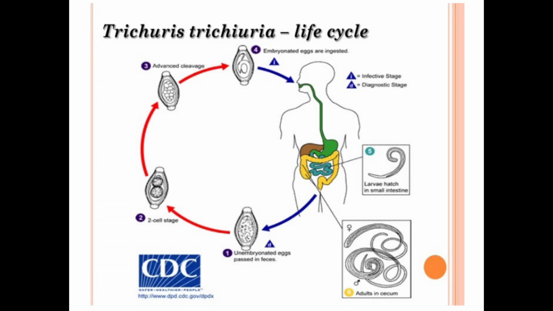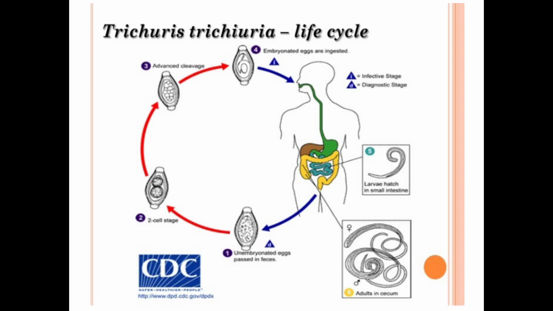So, how does this whipworm spread? Whipworms live in our intestine. Eggs are passed in the feces of an infected person. If the infected person defecates outside, or if the feces of an infected person are used as fertilizer, then eggs are deposited on the soil.